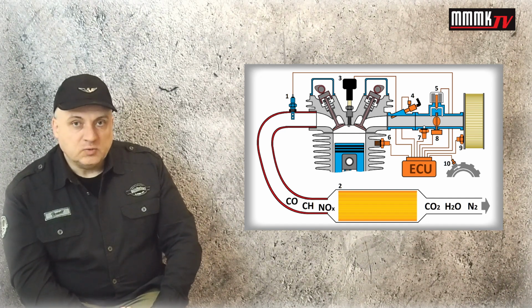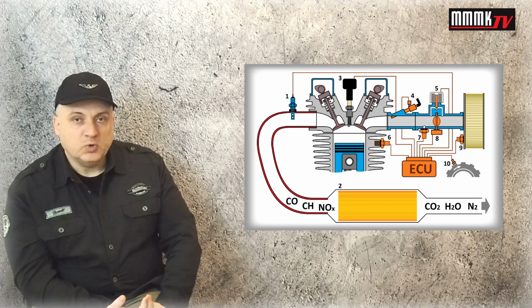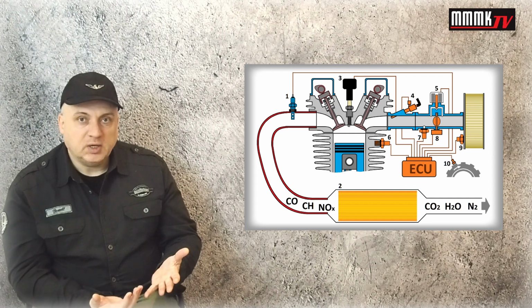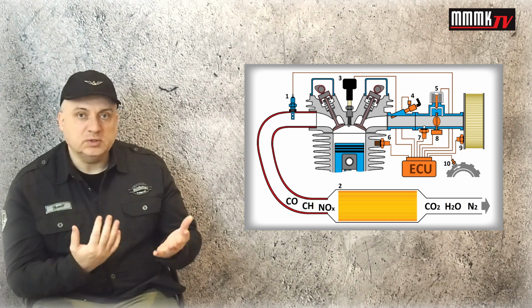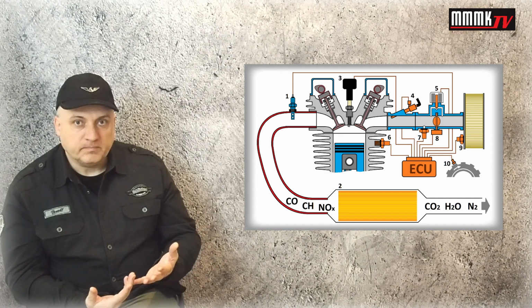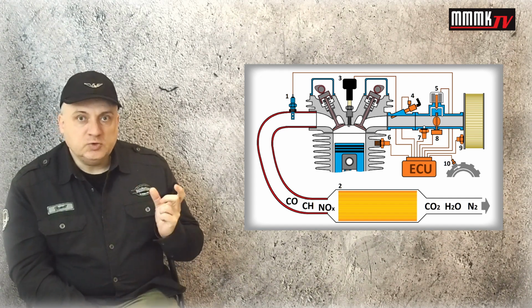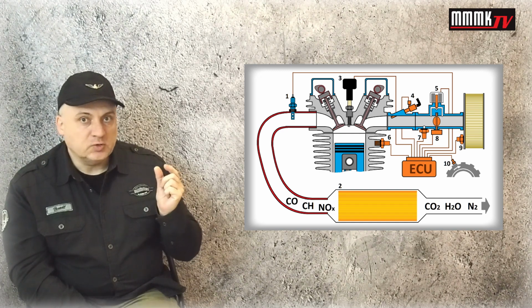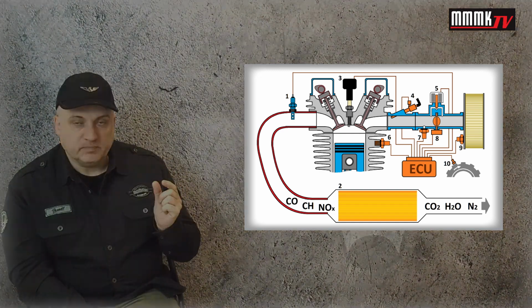Based on that, when the engine works under stable conditions, when we do not accelerate, do not decelerate, and the engine is not idling, the ECU tries to optimize the lambda coefficient to get as close to 1 as possible.